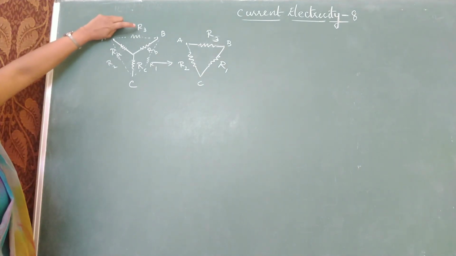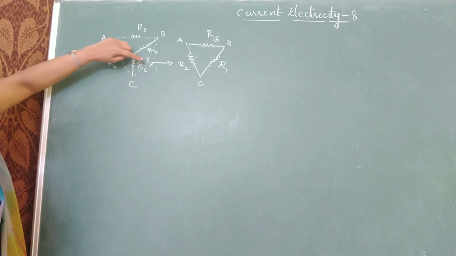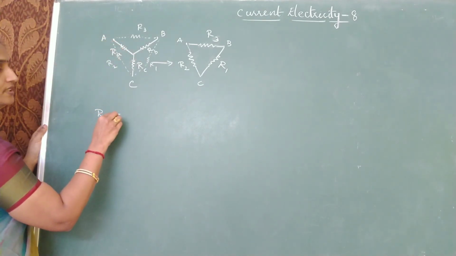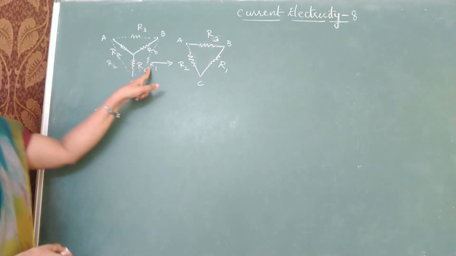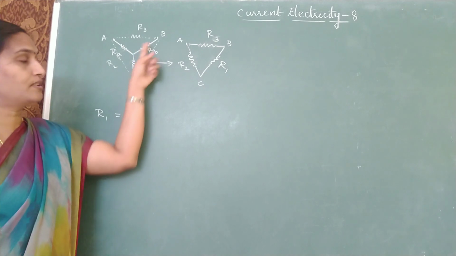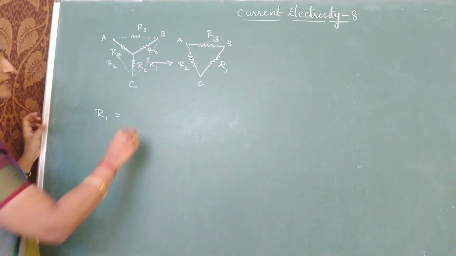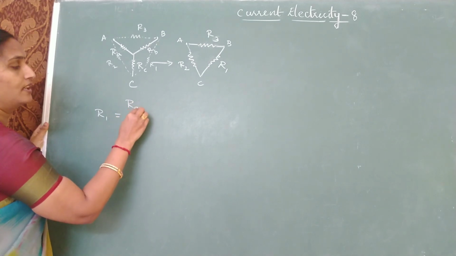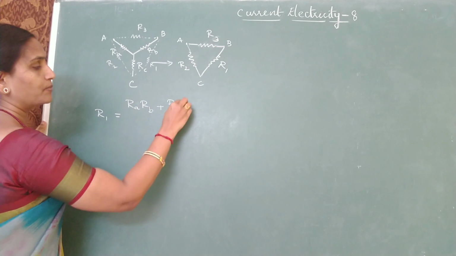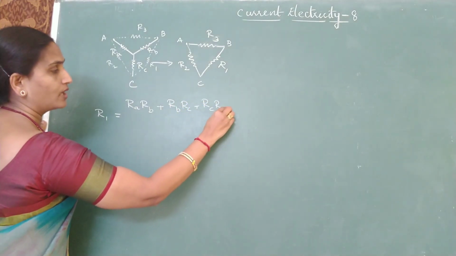Let us go in order. I will give the formula for R1. In case of capacitors, if you remember, C1 was product by sum, but now it is reversed. To get the value of R1, R1 should be RA into RB plus RB into RC plus RC into RA.